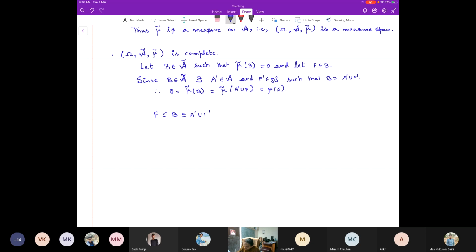Now, before I write this one, as F dash belongs to N, there exists B dash in A such that F dash is contained in B dash and mu of B dash is 0.